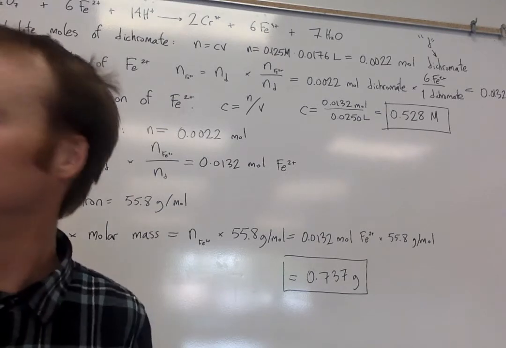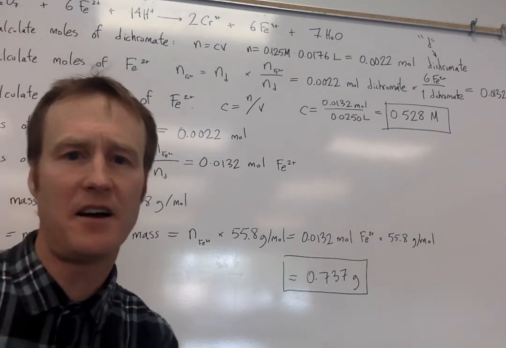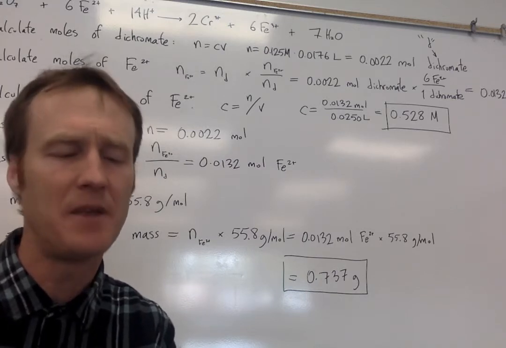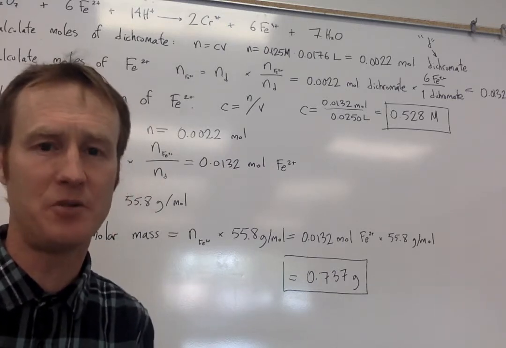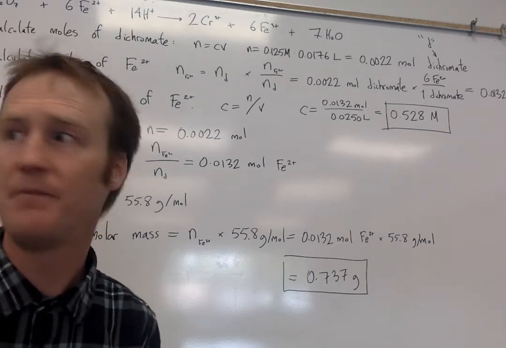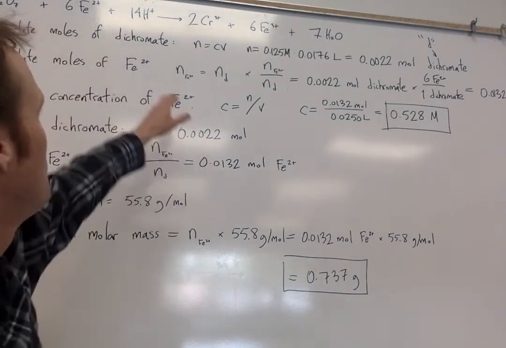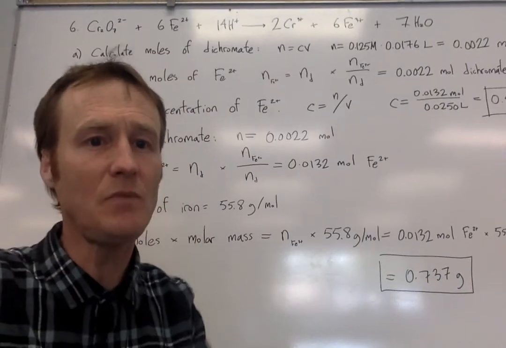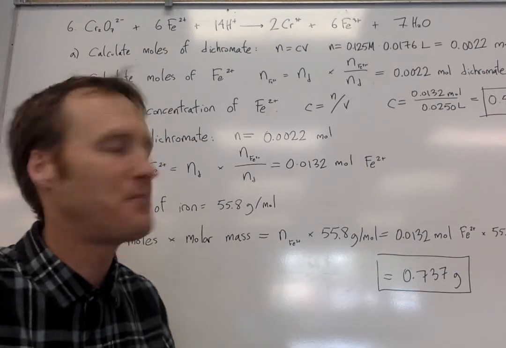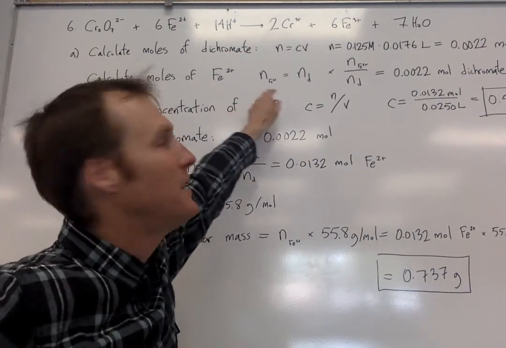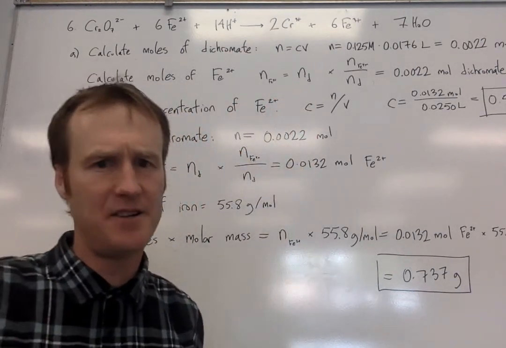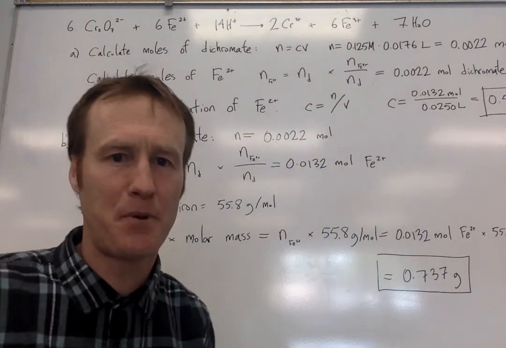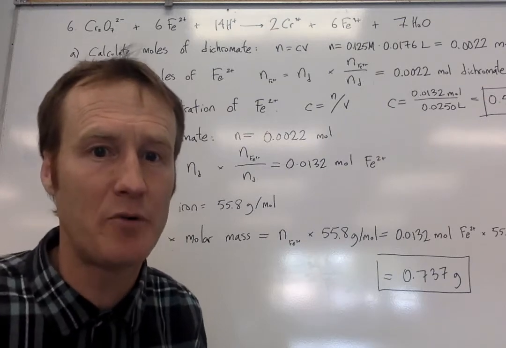So the next thing we do, having done that starting chemical amount calculation, is we need to multiply by a molar ratio. You always multiply by a molar ratio. So in this case, how many moles of Fe2+? Well, we're going to get that by saying moles of Fe2+ equals the moles of dichromate, I put n_d for moles of dichromate, times moles of Fe2+ per mole of dichromate. That's the molar ratio.